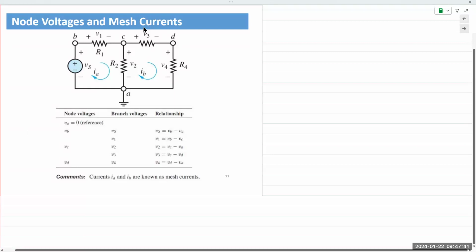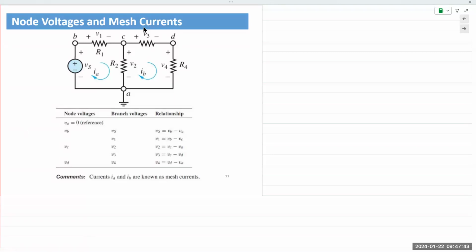So far, we learned about reducing a network of resistors down to one single resistor and then applying Ohm's law and solving a circuit that way. But oftentimes, there are circuits that cannot be reduced. You cannot reduce a circuit down to one single resistance. One of the most common examples would be if you have multiple sources in a circuit at two different places and you cannot combine those sources.